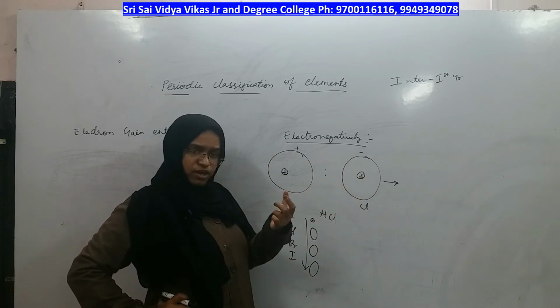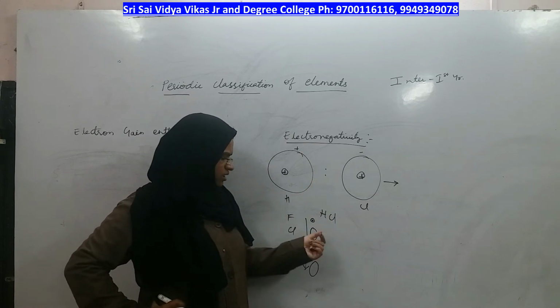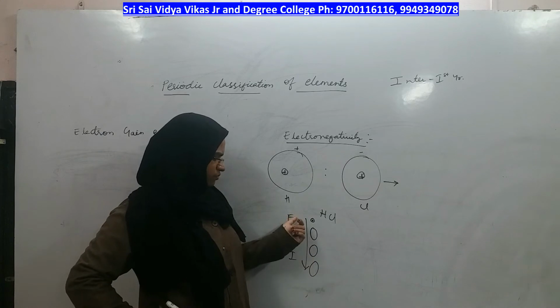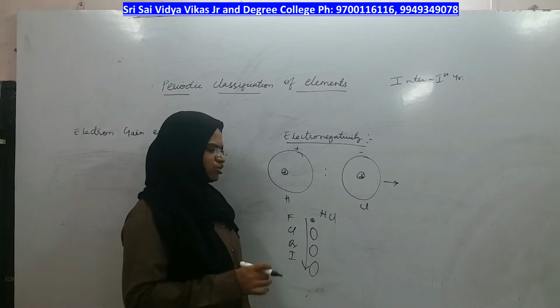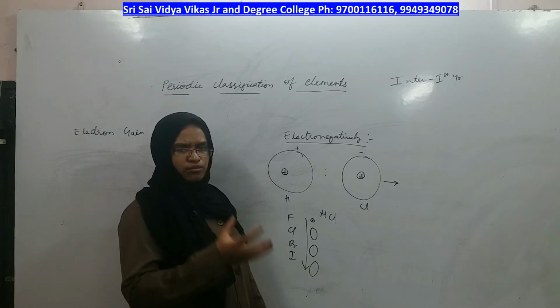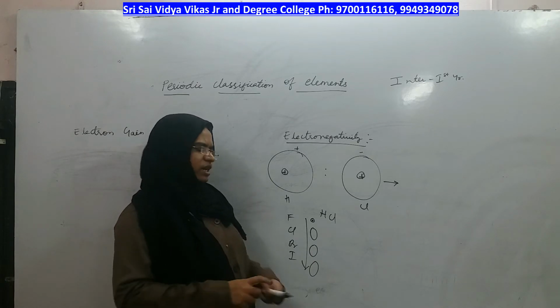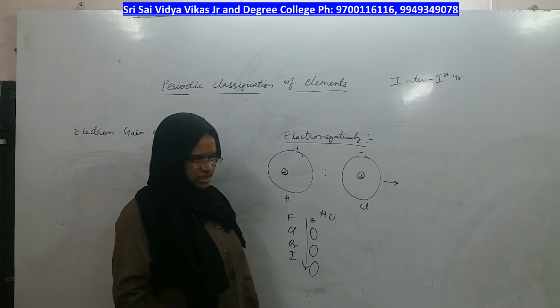So it is the power of the nucleus which attracts the electron pair towards itself. In this group of halogens, as the nuclear charge of fluorine is high, it has more power to attract the electron towards itself, and one more reason is its atomic radius is less.